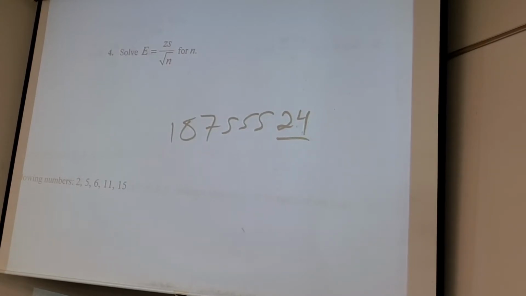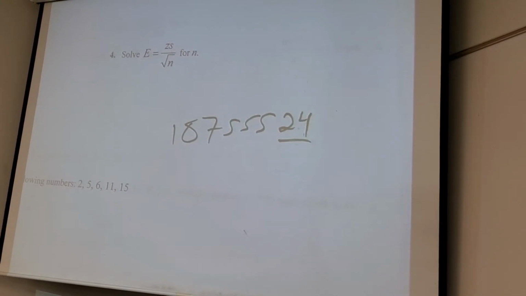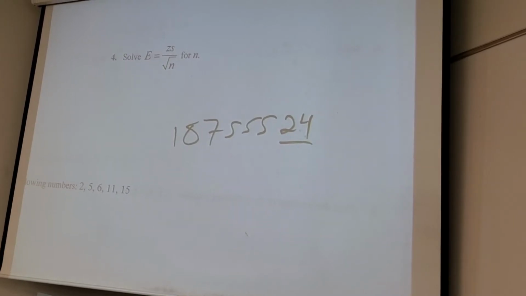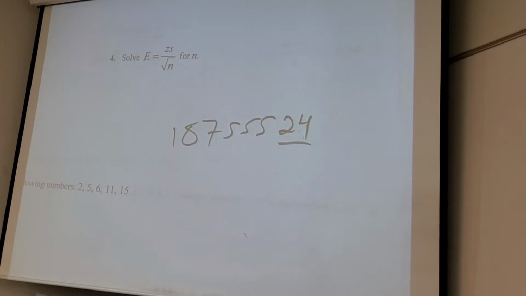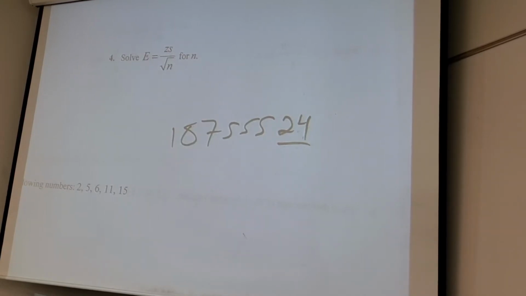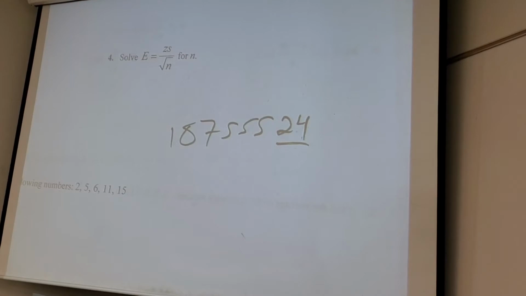Are you guys semi with me? 5 you should know, right? What about 6? 6 is what times what? 2 times 3. So if the number's even and 3 goes into it, therefore 6 goes in.